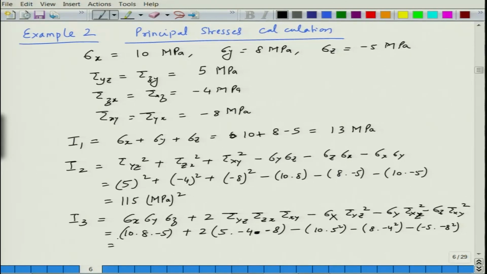And if you do the maths, this will turn out to be minus 138 MPa cube. Okay.